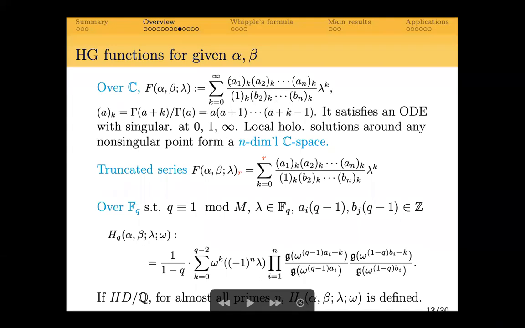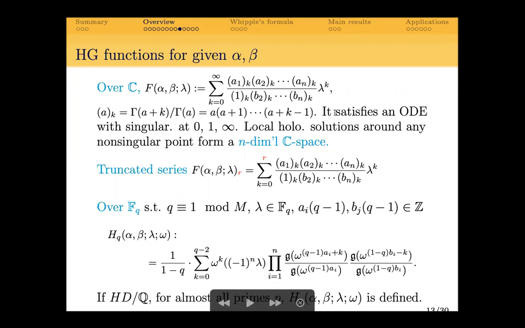And if you fix alpha, beta with the same length, and you let lambda be considered as a variable, then it's very easy to verify it satisfies an ODE, whose order is the length of the alpha set, with only 3 singularities at 0, 1, and infinity. And the local monodromies are very clear.